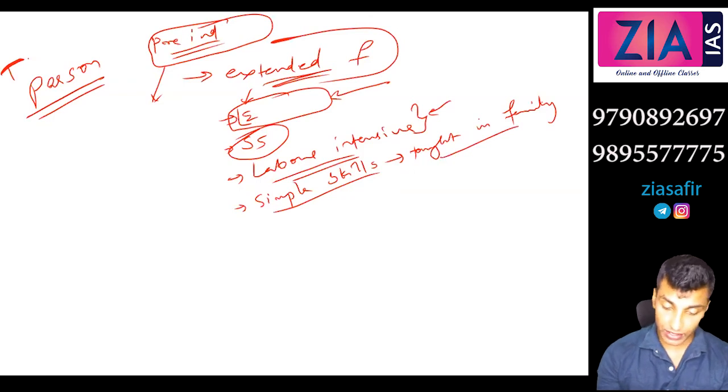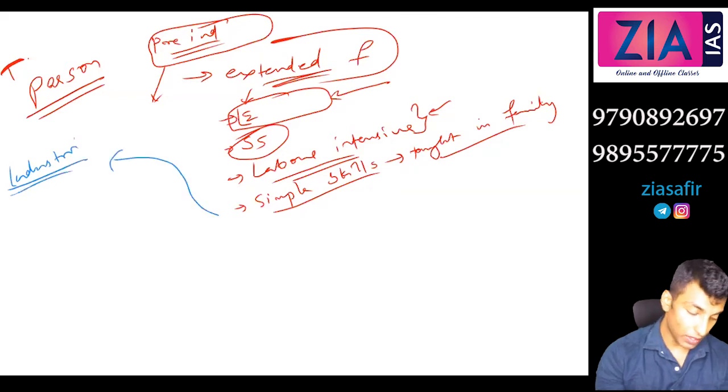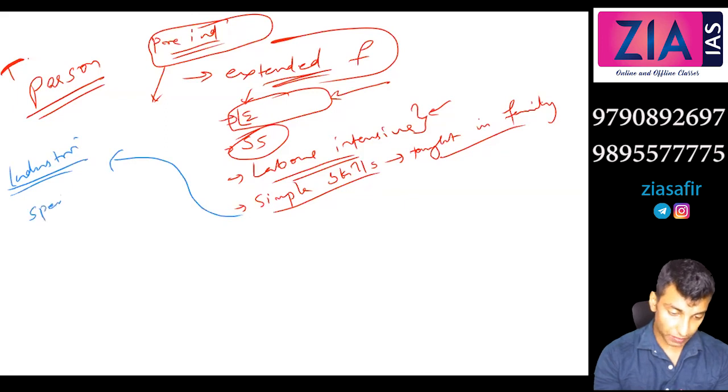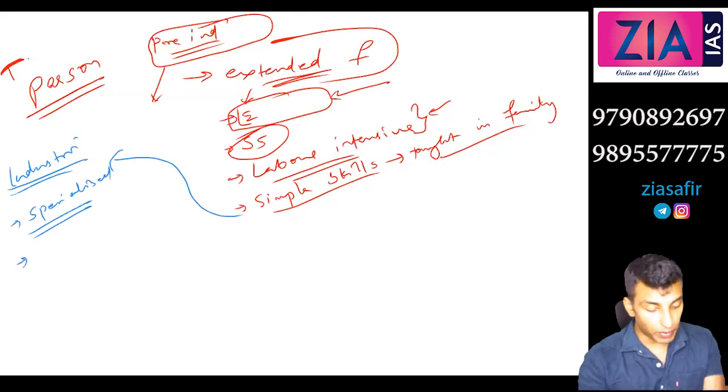Now after industrialization, what happened? Industrialization led to specialized skills. When we talk about industrialization, simple skills are not the case now, it is specialized skills. And then you also need to talk about the social mobility aspect.